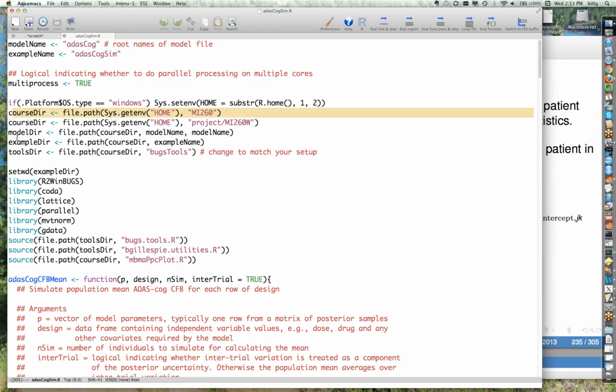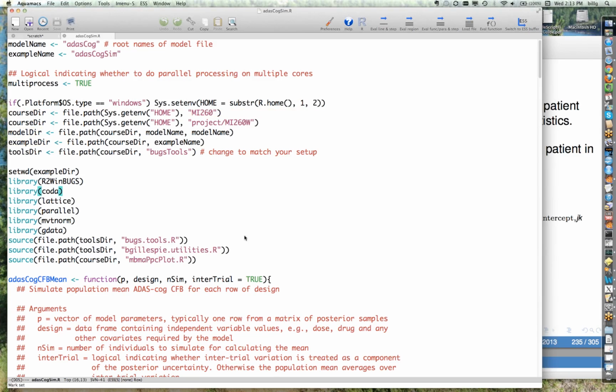Then the usual nonsense here for setting various paths to different directories. So, for example, this model dir is the model directory, containing the file that has our samples in it, and example dir is the name of the directory that contains this script.